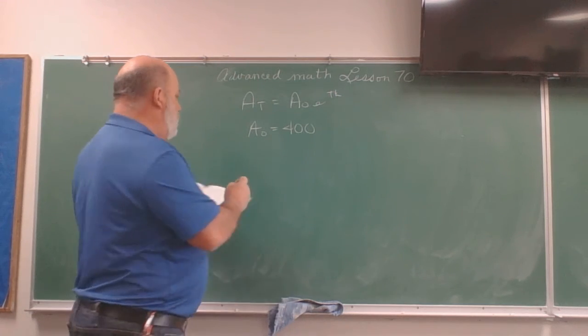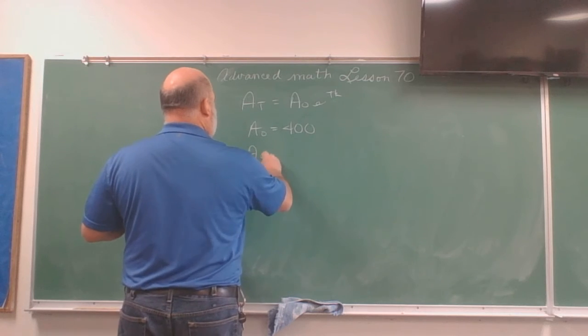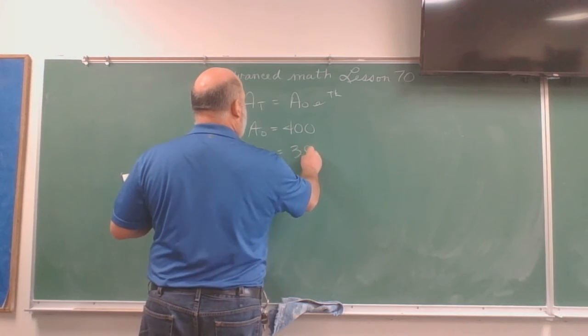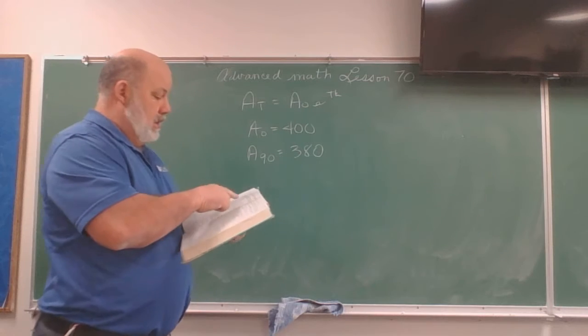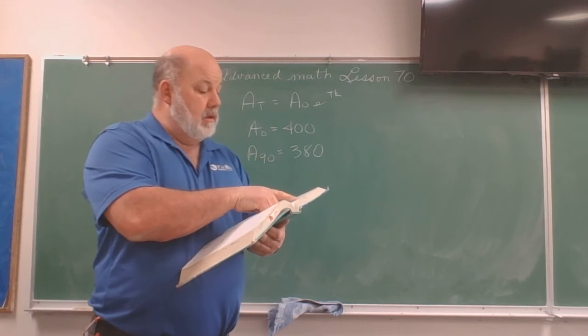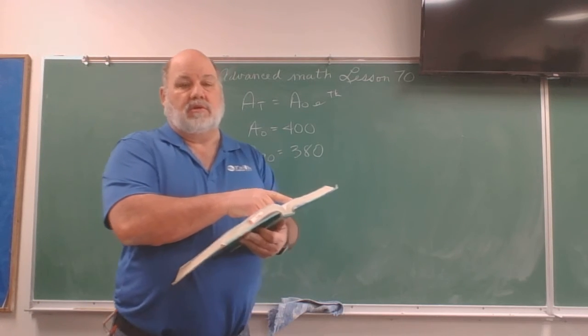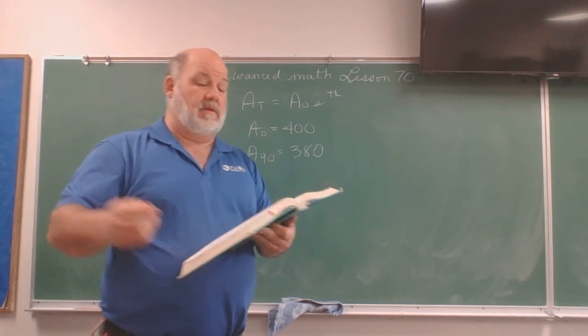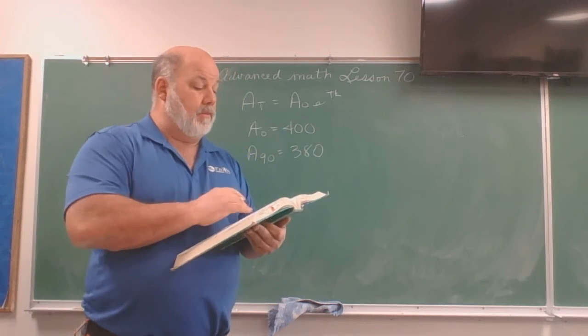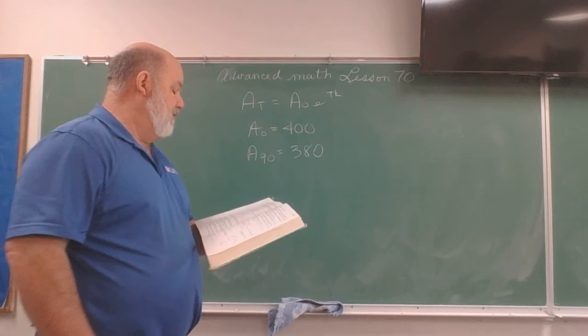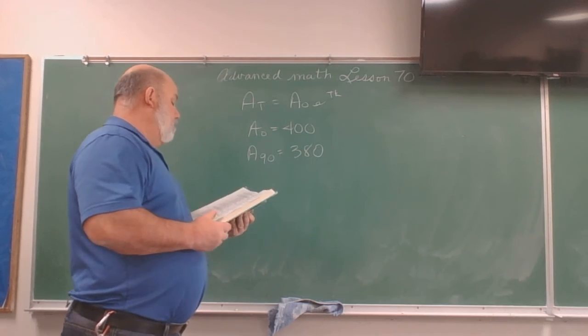After 90 hours, only 380 remained. Assume an exponential decrease. In this instance, our numbers are dropping. And determine the half-life of the substance. Make a sketch of the graph.